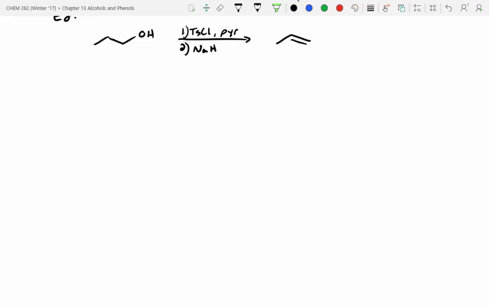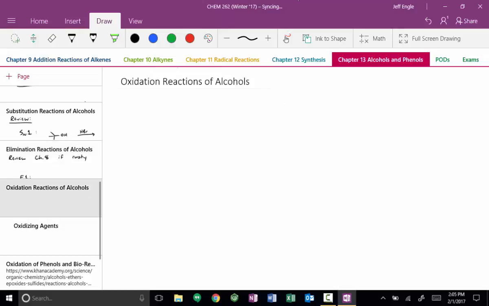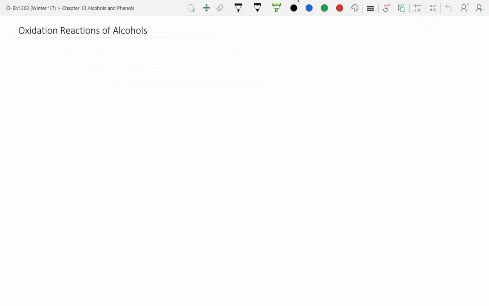Okay, so now we get to switch gears to oxidation and cover reactivity of alcohols using oxidation chemistry. So let's do this. What's the oxidation state of the central carbon here?